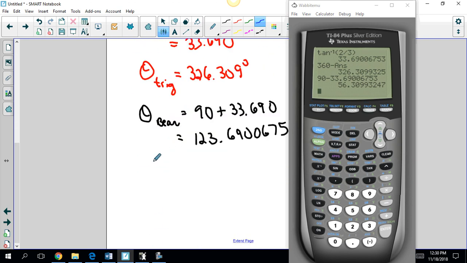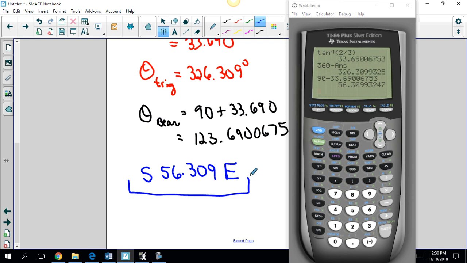So you could say south 56.309 east. That's another bearing direction angle, whatever you want to call it. But coming off the south, go 56.309 east. So theta bear comes right off the north.